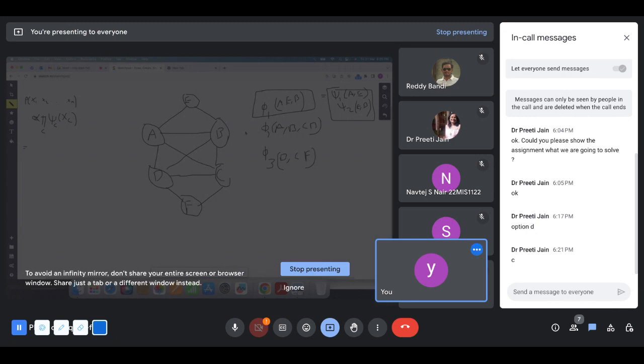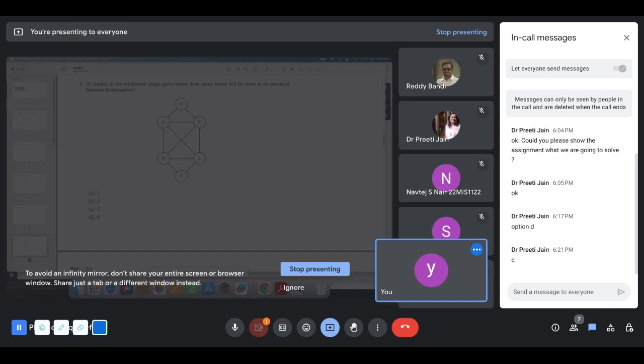So that's the reason. To answer this, we consider the maximal cliques in the potential functions. In this example we have three maximal cliques, so your answer is B.